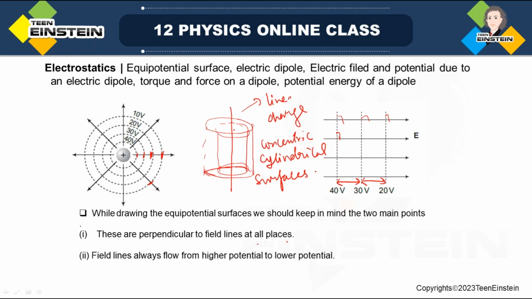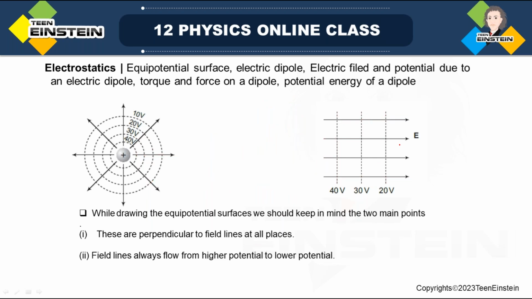Similarly, see how you draw electric field lines in case of cylindrical or linear charge distribution. This will be like this, radially outward, and this will always be perpendicular to the cylindrical or curved surfaces. Field lines always flow from higher potential to lower potential.